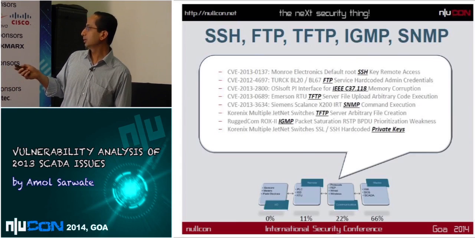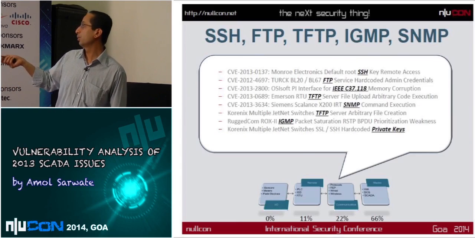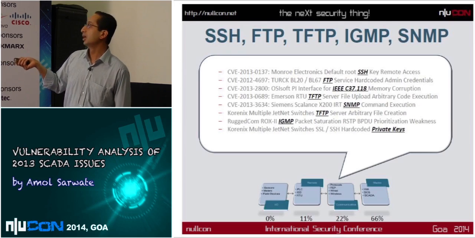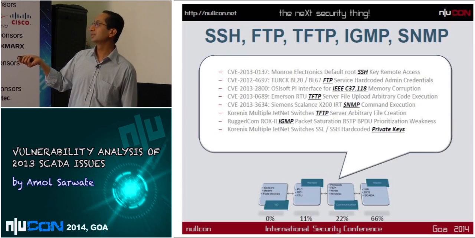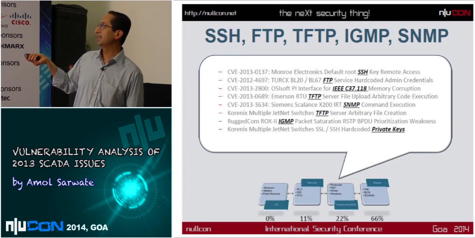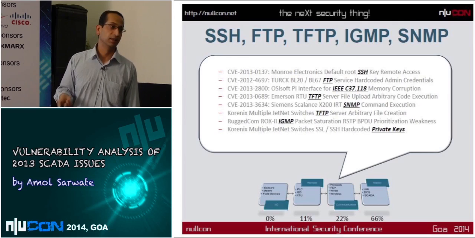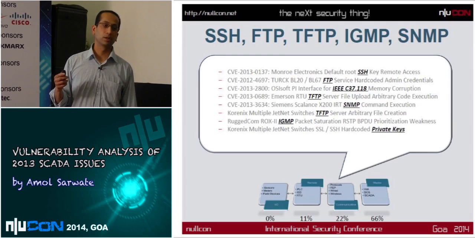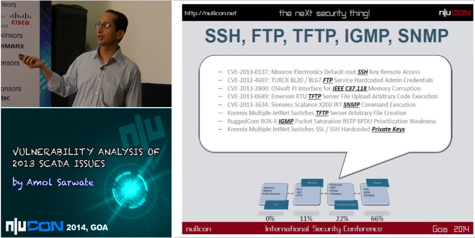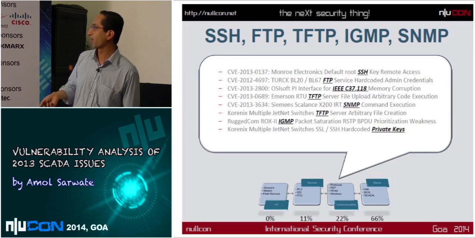And lastly, these are some more examples of the communication vulnerabilities that we saw in 2013. A lot of vulnerabilities in some of the known protocols that we use, TFTP, SSH, SNMP, things like that. This is just to illustrate that there are a lot of vulnerabilities in SCADA proprietary protocols as well as in generic protocols that are used in SCADA systems.